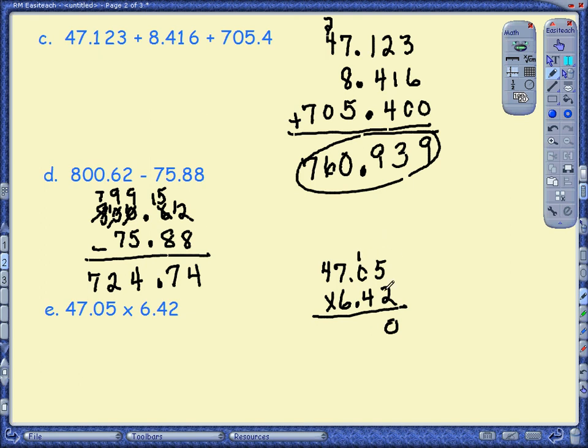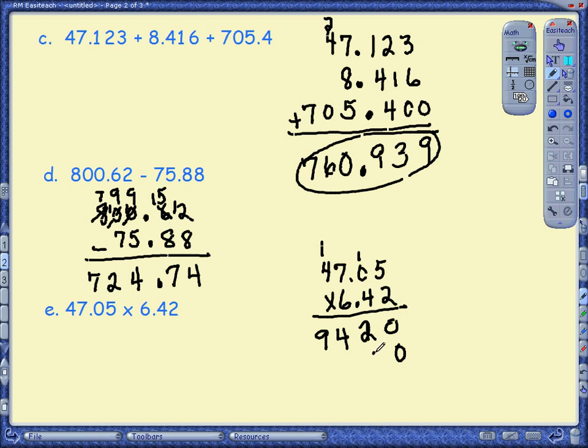Carry a 1. 2 times 0 is 0 plus 1 plus 2. 2 times 1 is 2. 2 times 7 is 14, carry a 1, and 2 times 4 is 8, plus 1 is 9. Now I put a 0 here under this 0, and I move in 1 space to multiply by the 4.